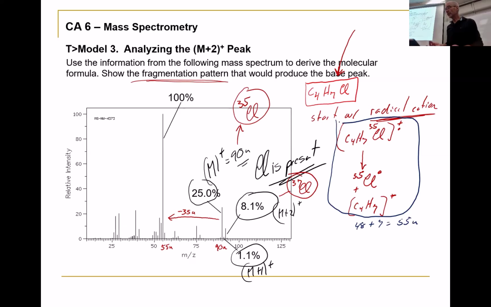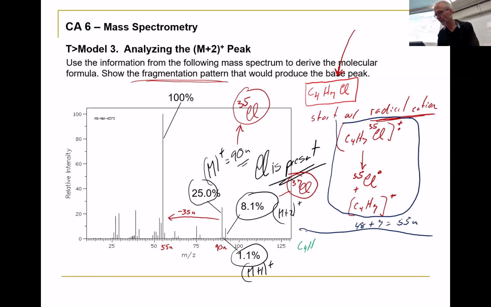Of course, you could do the same thing for chlorine 37, except what you'd be starting with then would be the M+2 peak. And so actually, just for completeness, so we drew one fragmentation pattern. We could also do the following, and I think I can squeeze it in here.